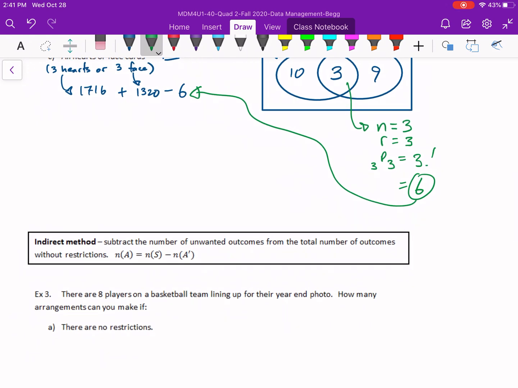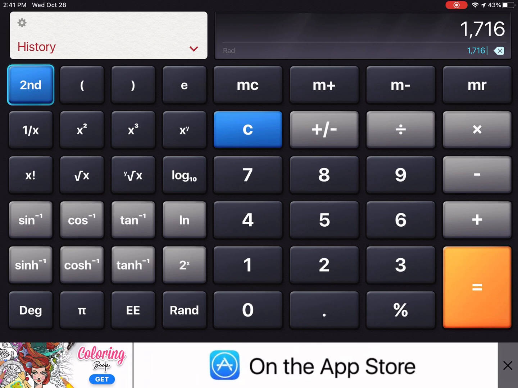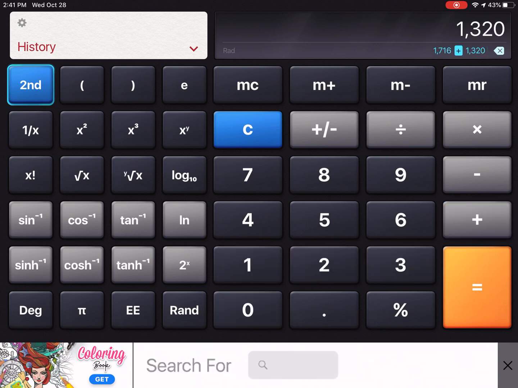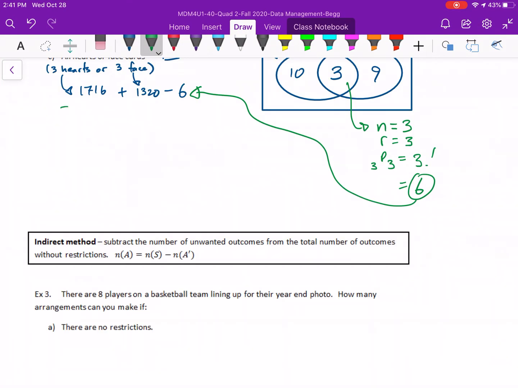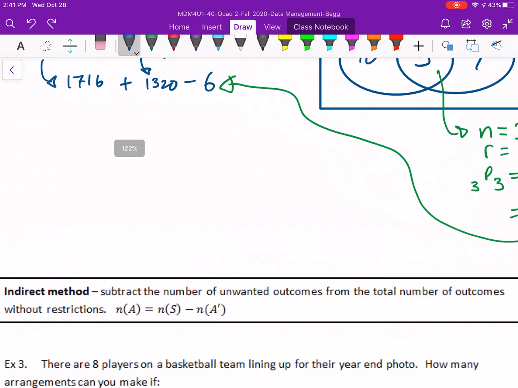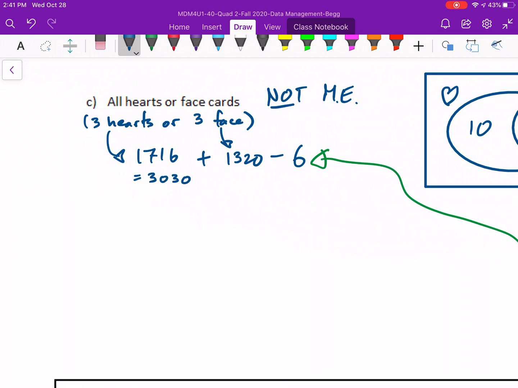When I do that, I get 3,030. So there's 3,030 ways they could be all hearts or all face.